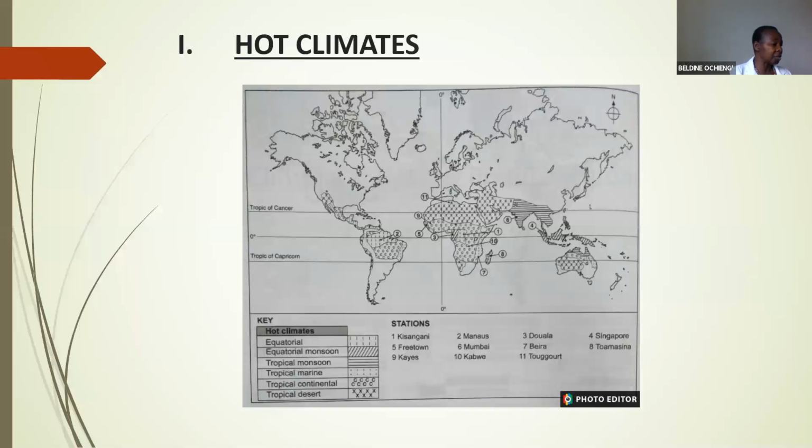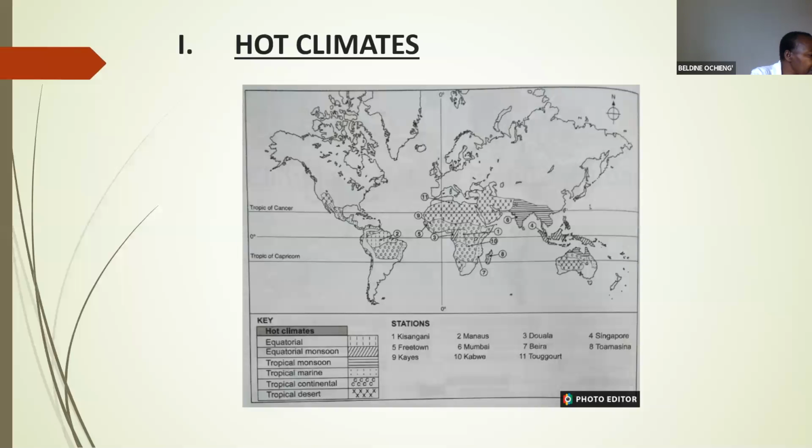Tropical continental, the interior. We have the so-called continental region that is far away from the marine region. So obviously when we talk of continental, we can see some dryness. That is another factor there. Clear skies.